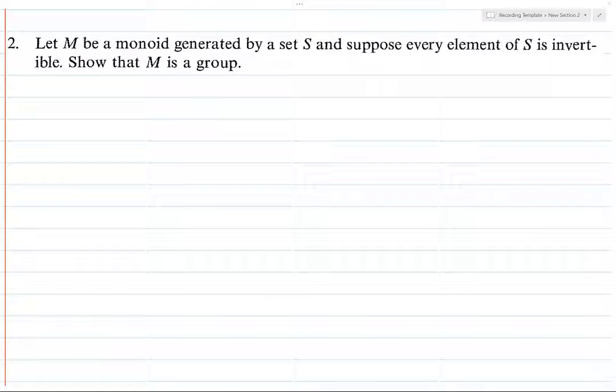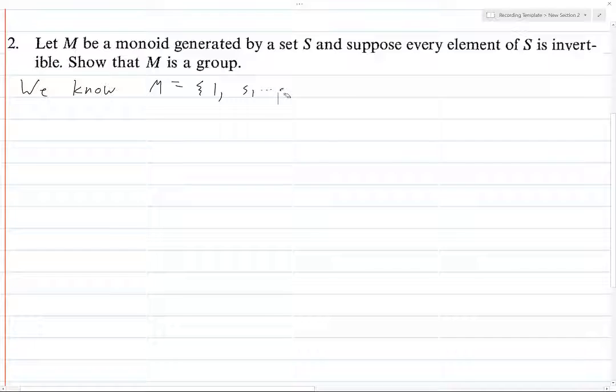All right, here's a quick Jacobson exercise. So, what do we know? We know that M equals the product S1, S2, all the way up to SR, where each Si is contained in S. And we know this.